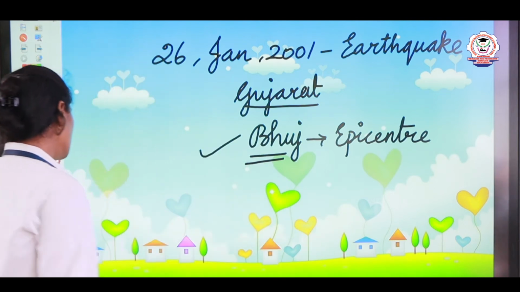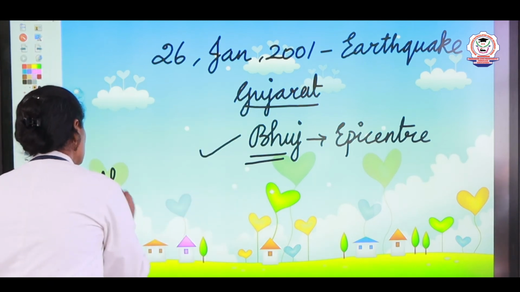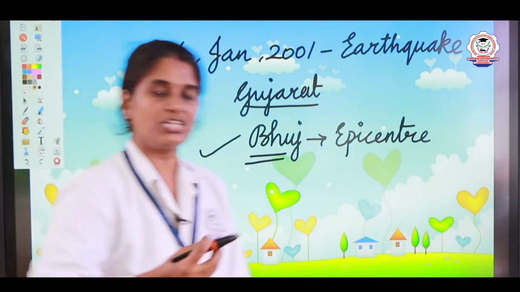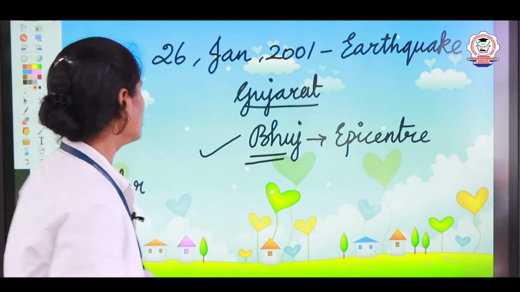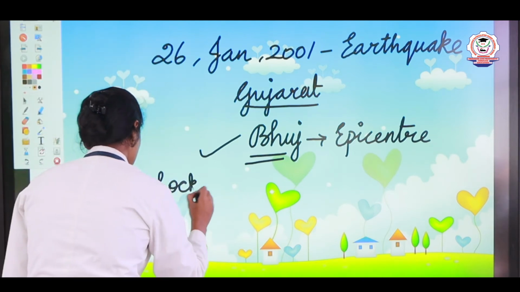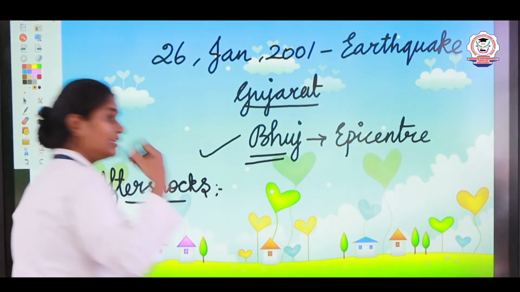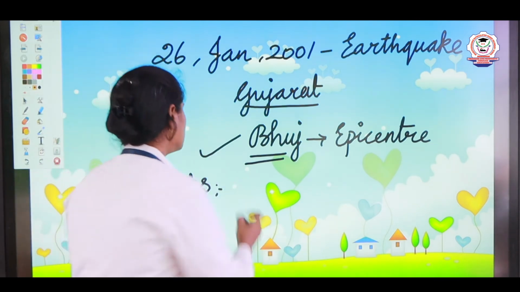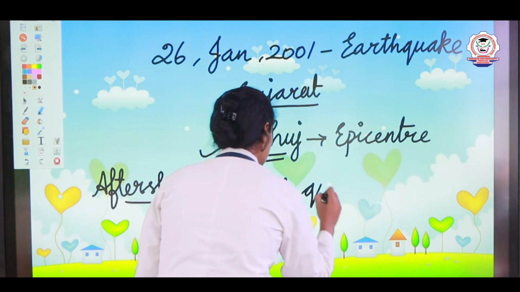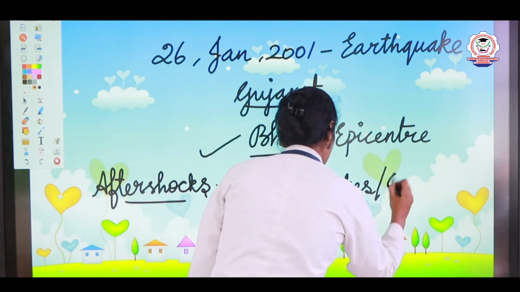So, this is about earthquake, and after the earthquake there will still be vibrations or tremors that will occur. Those are called aftershocks. So, what are aftershocks? After the big quake there will be small quakes or tremors.